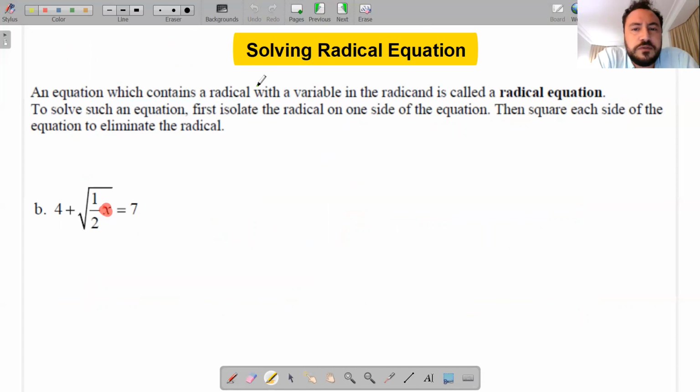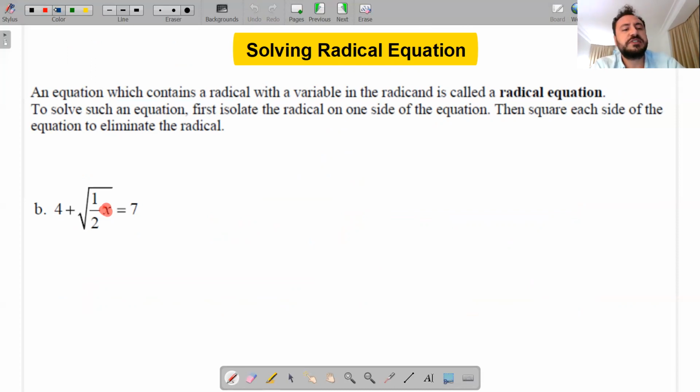So how do we solve an equation when there is a radical? As I showed you before, we eliminate the radical. We isolate it and we eliminate it. How do we eliminate it? By using exponentials. Okay. So for example, in this case, we need to find the value for x.